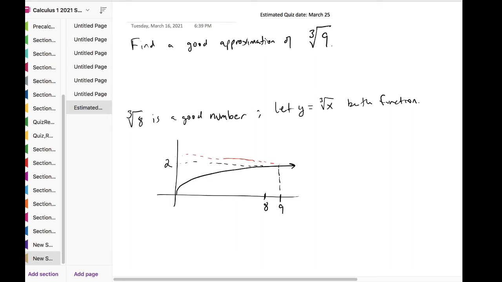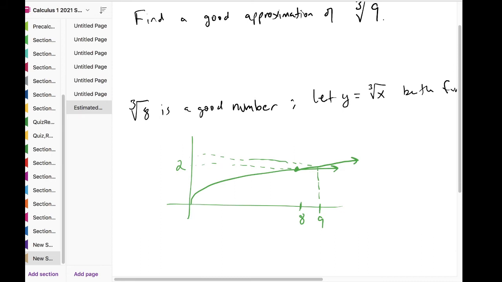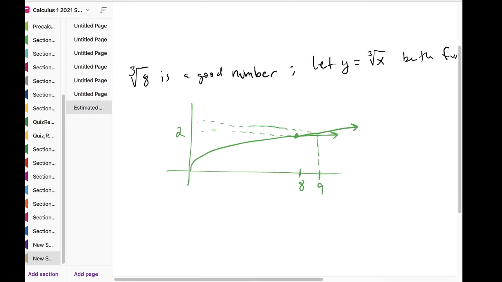So now we're going to look at the tangent line. The tangent line really hugs the curve at this point, and it's such a good approximation that it's really hard to even distinguish between the two points.